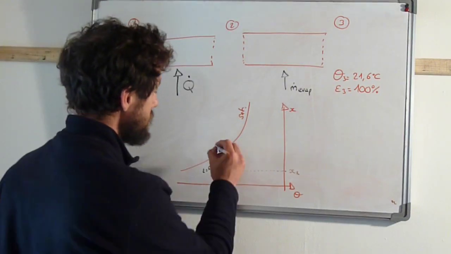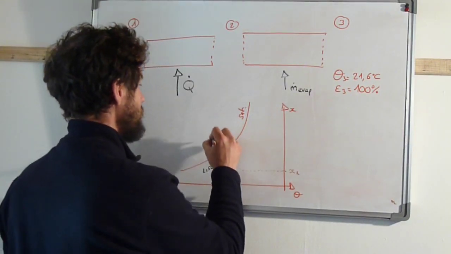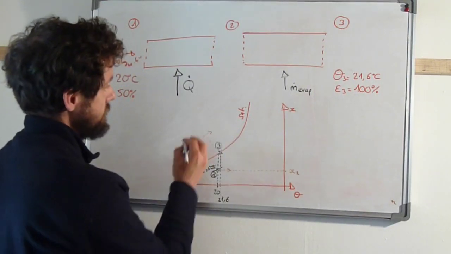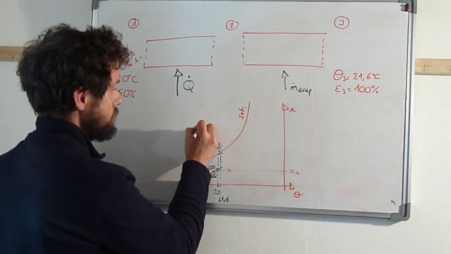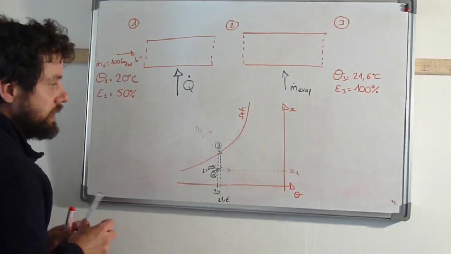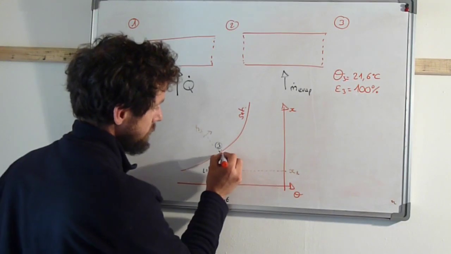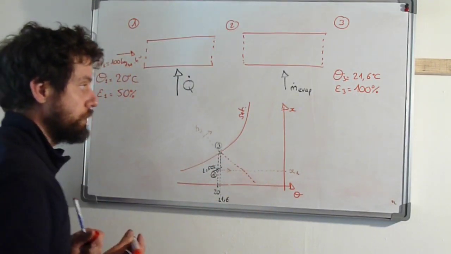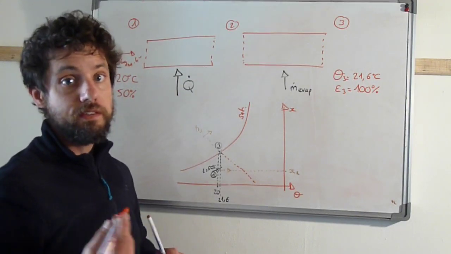So you can look at the enthalpy here in the enthalpy line of point 3 and plot the isoenthalpy line from point 3, and we know that point 2 had the same enthalpy.